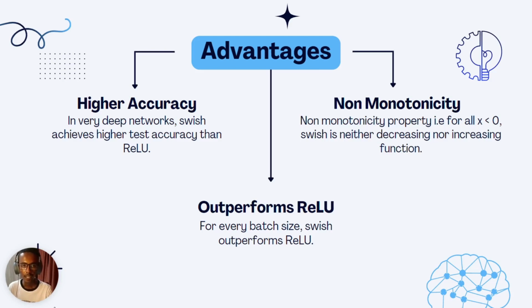So let's take a look at the advantages of the Swish activation function. Number one is that it has higher accuracy. So in very deep neural networks, Swish achieves higher test accuracy than ReLU. So if you use Swish activation function in your neural network instead of ReLU, you're guaranteed to have higher accuracy.